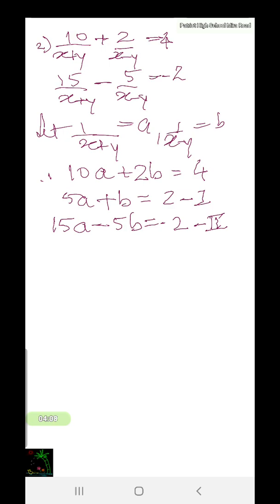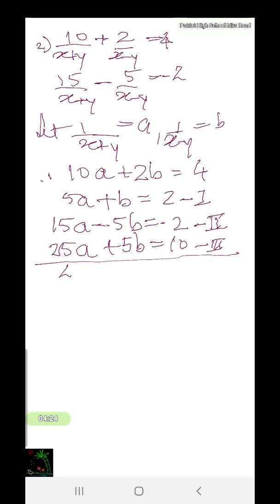Multiplying equation 1 by 5, we have 25a plus 5b is equal to 10. This is our third equation. Adding equation 3 to equation 2, we have 40a is equal to 8.